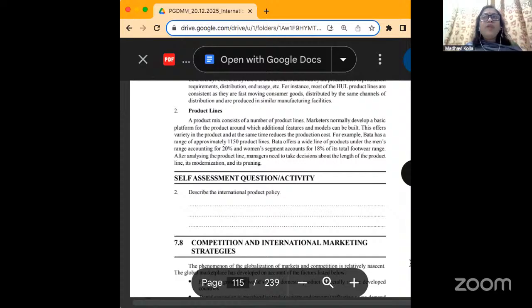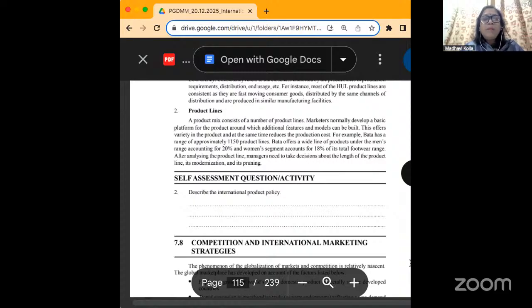For example, if you are talking about toothpaste, primarily the company will use the same inputs in manufacturing a toothpaste. However, there may be some slight differences in terms of whether it is mint based, clove based, or some other charcoal based ingredients. So, this slight variation may happen.